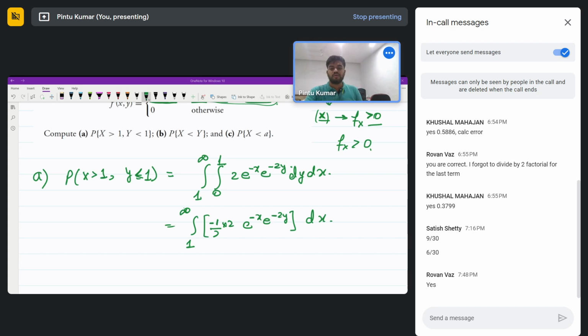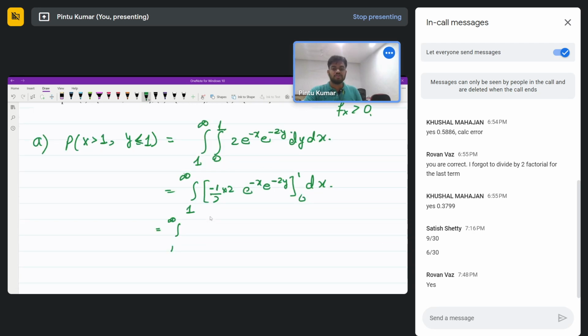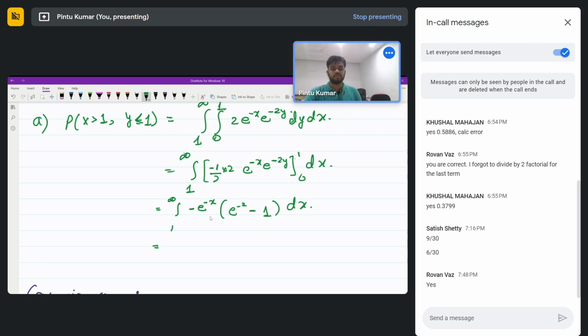So we can put the values now. This is from 0 to 1. So we'll get, for x from 1 to infinity, minus e to the power minus x. If we put 1 over here, we get e to the power minus 2, and then we get minus 1, right? Now this is dx, so we can take this term outside.